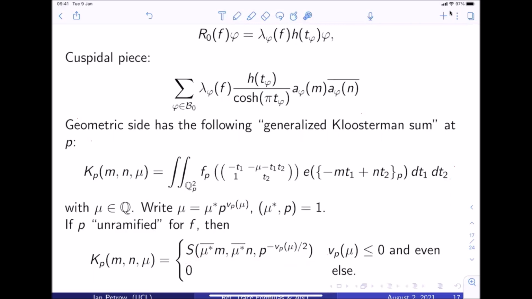Here I've written mu as the part at P and the part away from P. There's always this translation where this mu looks like 1 over c squared in the classical situation. And so I really get just literally these old-fashioned Kloosterman sums as long as I'm at unramified primes. And say if there were no ramified primes for F, then I could just use the twisted multiplicativity and multiply these back together to get an actual Kloosterman sum with not just a prime power in the modulus.